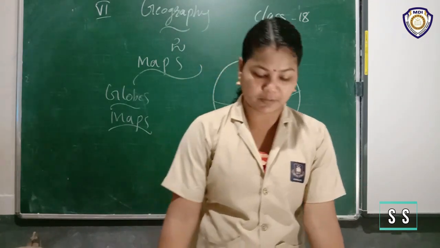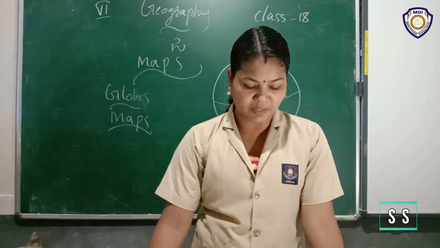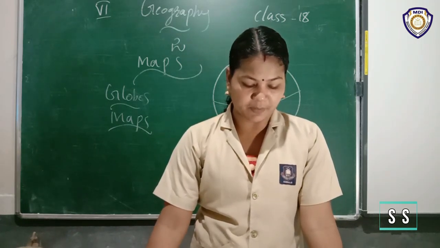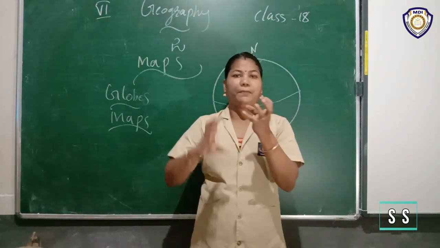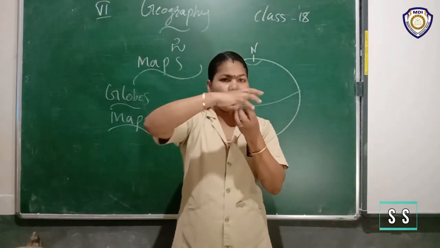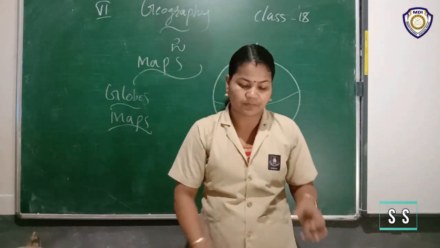Here is one example. You can understand this better with the help of a simple experiment. Take a piece of paper and wrap it over a globe or a ball. What is the meaning of wrap it? Cover it, just wrap it around.